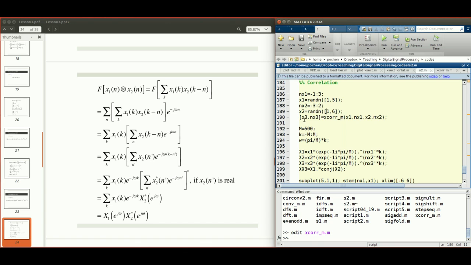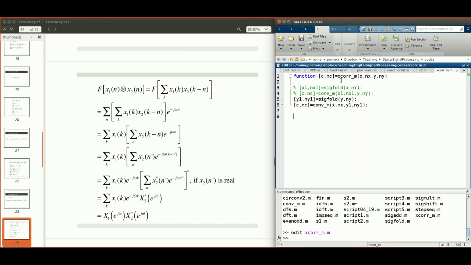Then x3 becomes the correlation of x1 and x2. Here I'm using our own correlation routine, xcorr_m, and that's the body of the function.